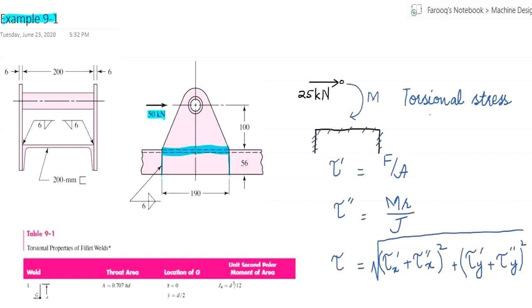So we need to find primary stress, secondary stress, and the maximum or overall stress. And this overall stress is going to give us our required maximum stress being applied on the part.